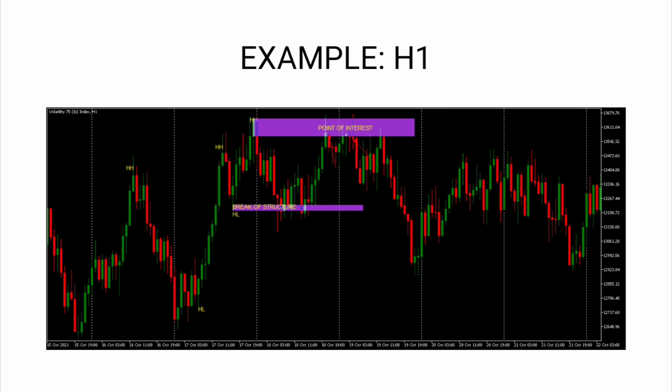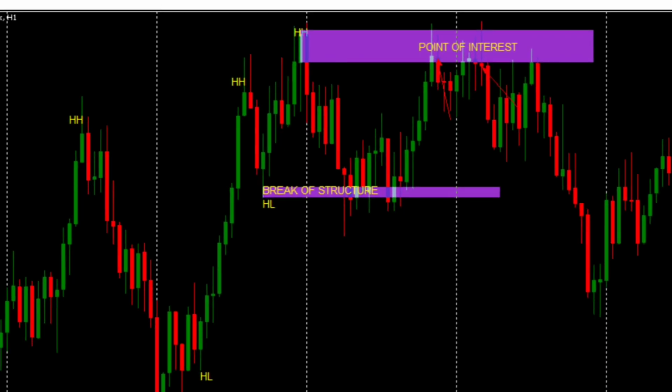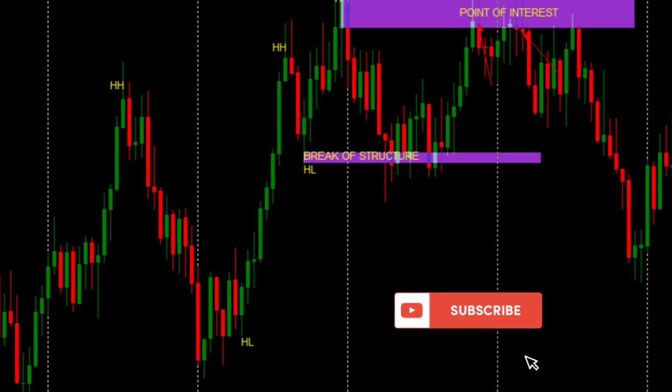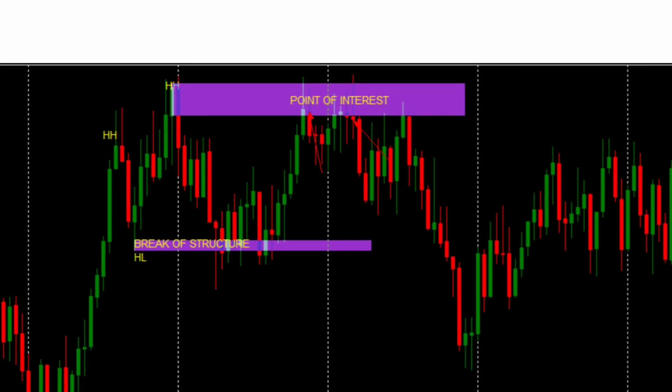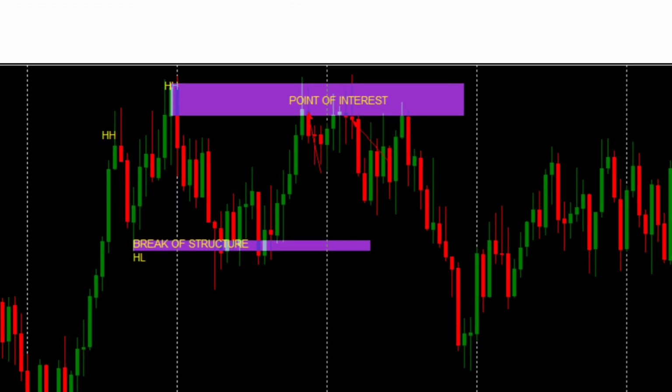Like I was explaining, price is forming 1, 2, 3, 4, then price went up, broke the structure like I highlighted, break of structure, and then return to order block. So this one becomes like I marked here.